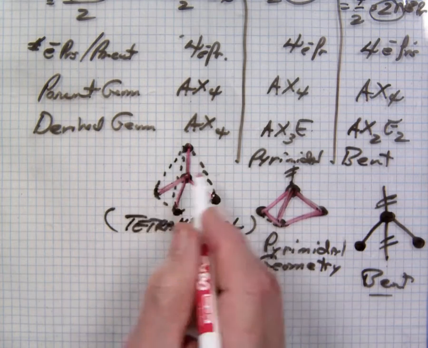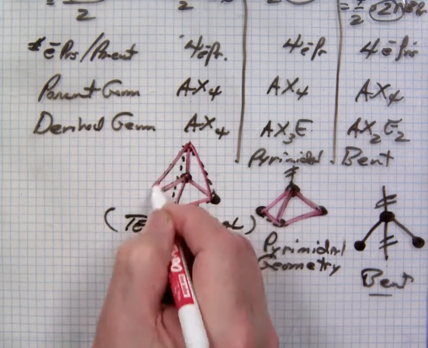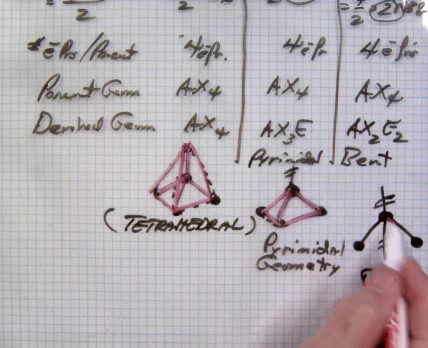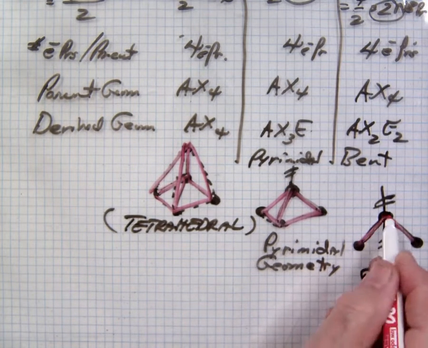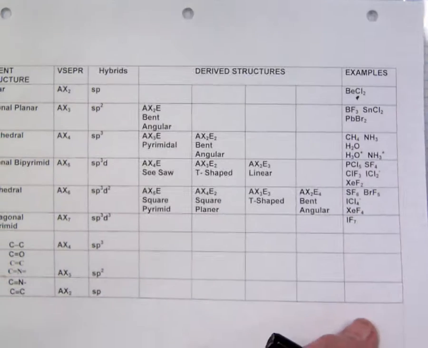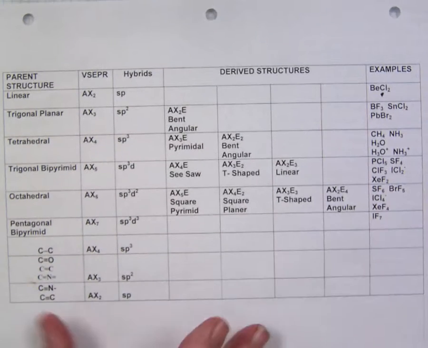Since everything's bonded out here, you can see the tetrahedron, and this is pyramidal, and this one would be again bent in that way.